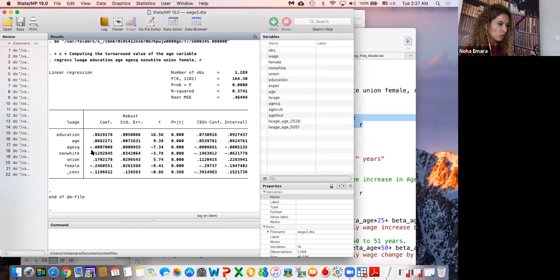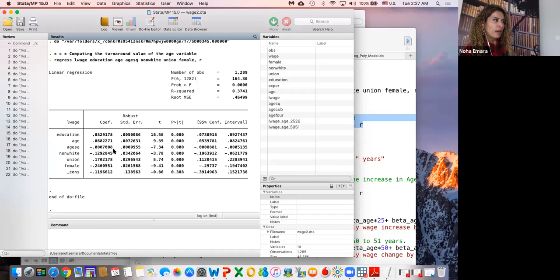Why 2 times? You just need to go back to the equation of our derivative of log wage versus age. What is the first derivative of this equation with respect to age? When it comes to the age squared, then I have 2 times the beta, right? So age has a positive impact of this amount. However, this positive impact is decreasing at the rate of 2 times this number.